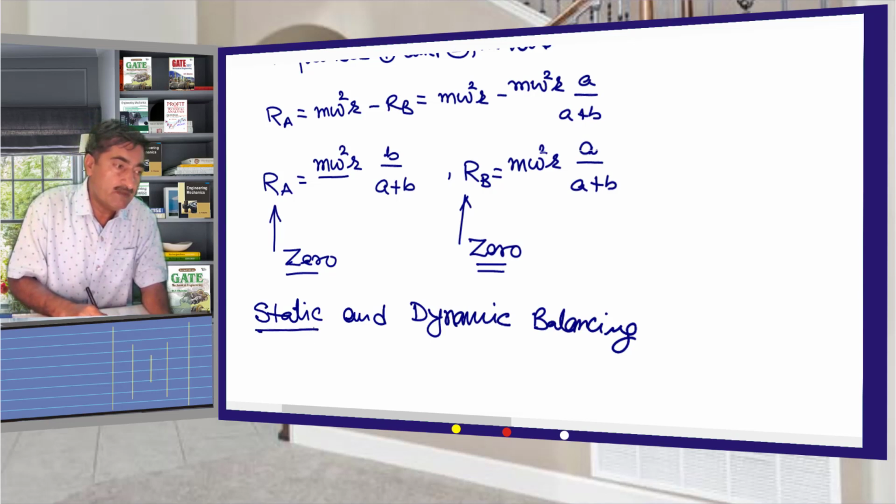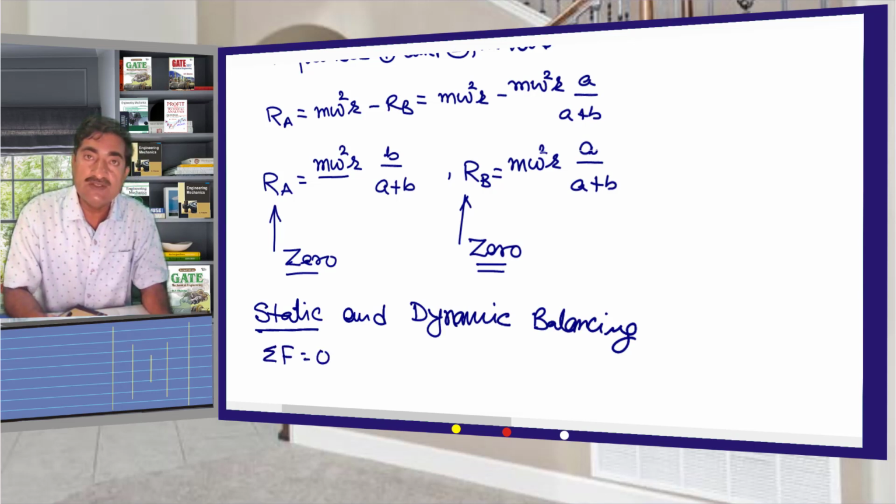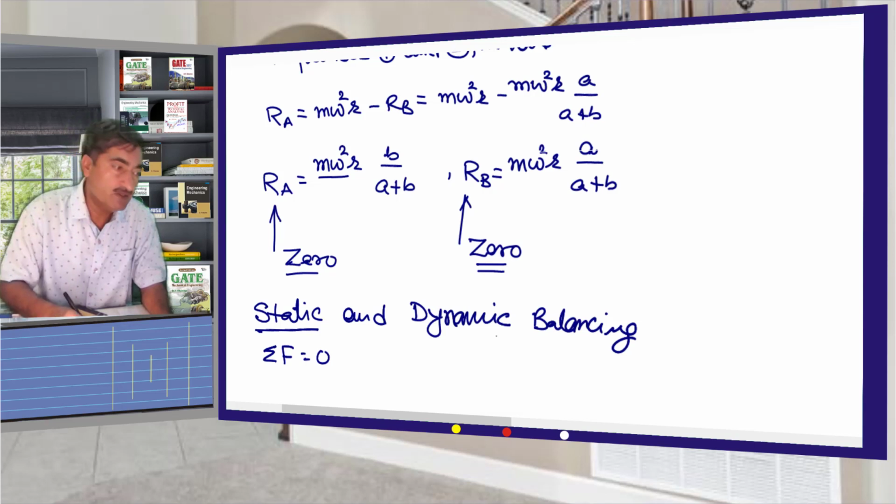Means in static balancing, summation F equals 0. The balancing with the centers of the attached mass system made to coincide with the axis of rotation and no net moment acting on the shaft is called dynamic balancing. In dynamic balancing, forces and moments both are to be balanced.